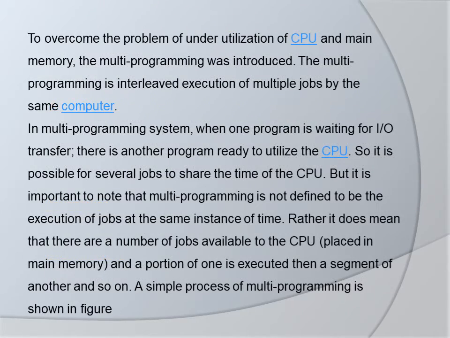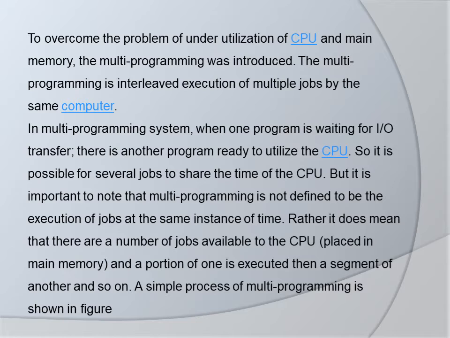To overcome the problem of underutilization of the CPU and main memory, multiprogramming was introduced. Multiprogramming is the interleaved execution of multiple jobs by the same computer. So whatever multiple jobs come, they are performed by the same computer, as there is only one CPU.